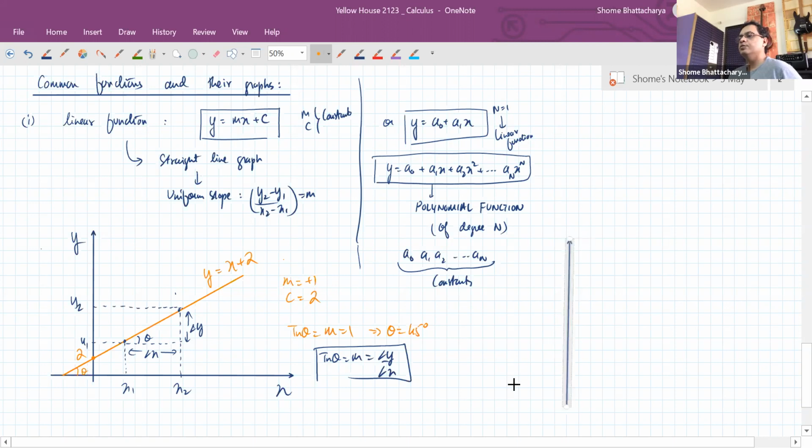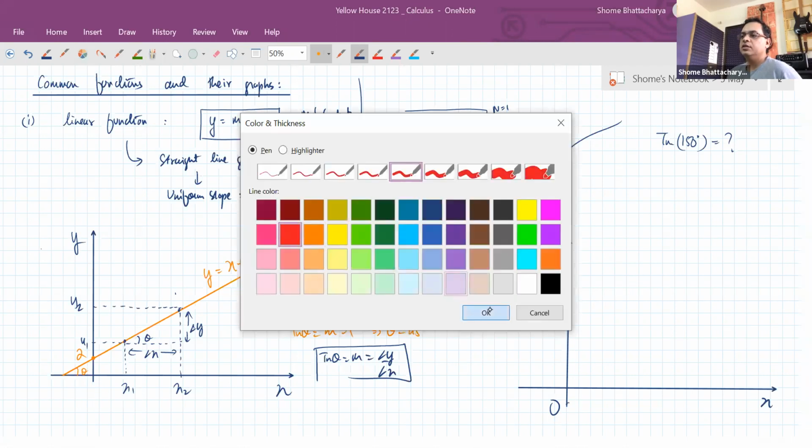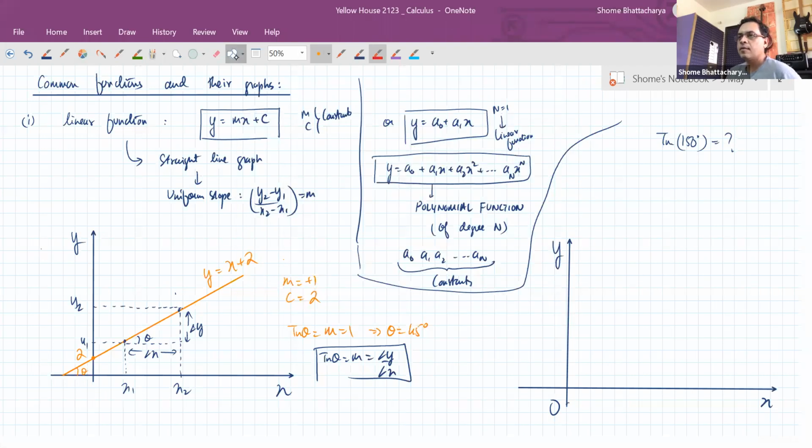So if it has a negative slope, I think by now in trigonometry, you would have understood how to calculate tan of an obtuse angle. Yes, you've been doing this in trigonometry. Can you tell me what is tan of, let's say, 150 degrees? Have you done this in trigonometry yet, in maths? If you haven't done, it's no problem, but just tell me if you've done.